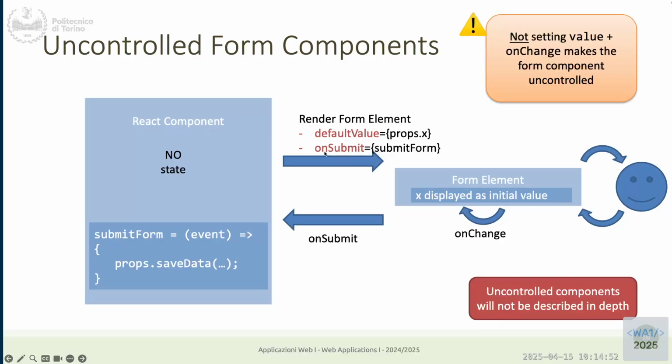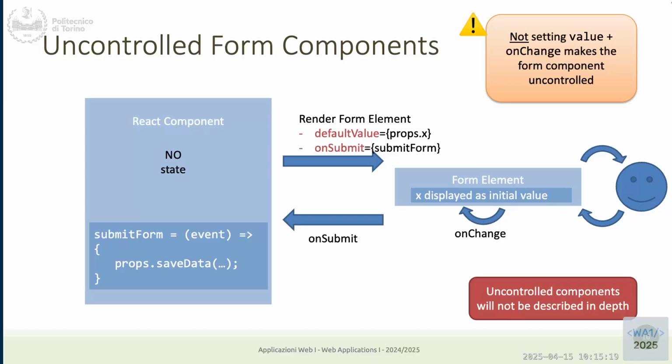And we just care about the moment in which the form is submitted. So we may have an onSubmit event or an action attribute, which is more general than onSubmit on the form itself. What you see is that there's no state in the React component, so the React component doesn't know what is currently being written in the form.